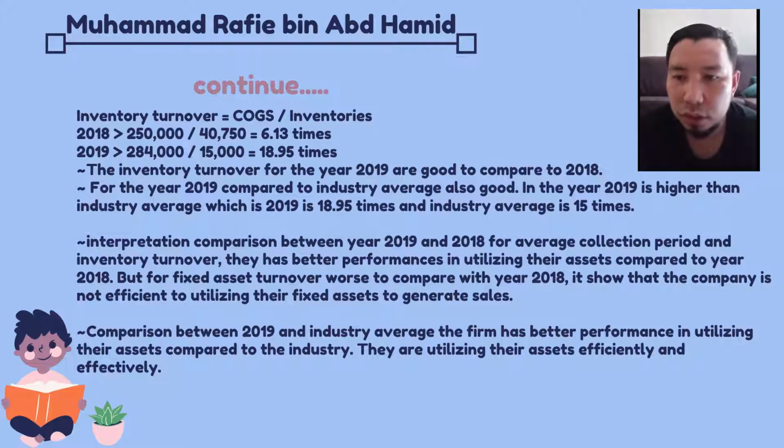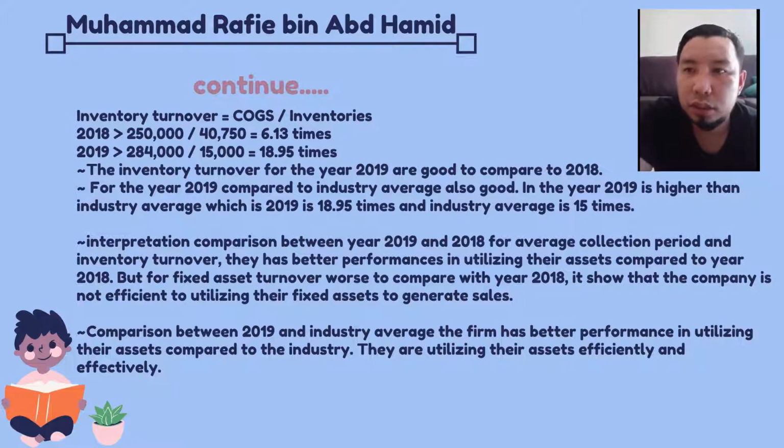Then for the year 2019 compared to industry average also good. The year 2019 is higher than industry average, which is 2019 is 18.9 times and industry average is 15 times.